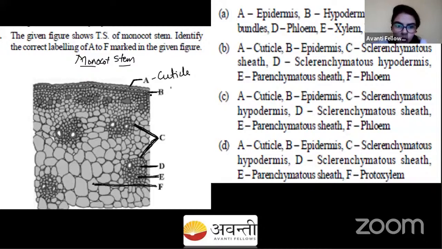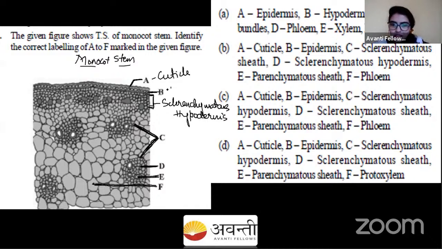So this region is sclerenchymatous hypodermis. And this B is, actually, there is some kind of confusion here.